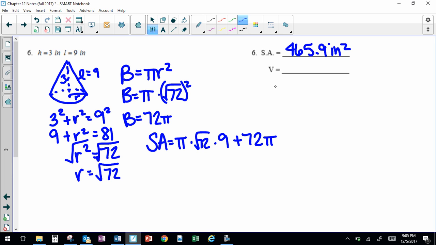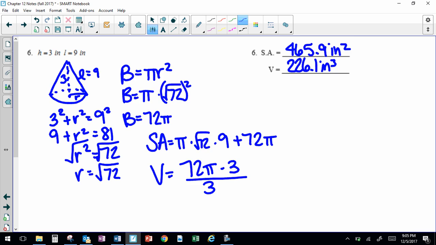And the volume is 72 pi times the height, which was 3, all divided by 3. When you type all of that into your calculator, you should get about 226.1 cubic inches.